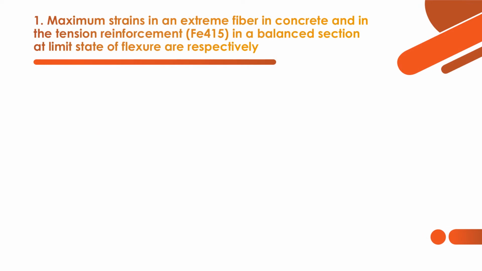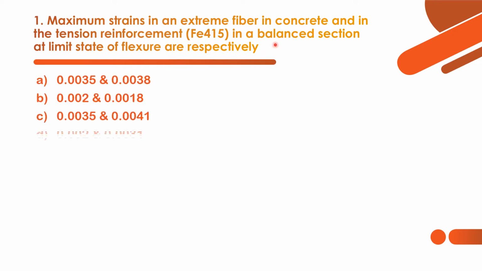The maximum strain in an extreme fiber in concrete and in the tension reinforcement in a balanced section at limit state of collapse are, respectively. Here they have asked the value of maximum strains of the extreme fiber in concrete and in tension reinforcement in a balanced section.